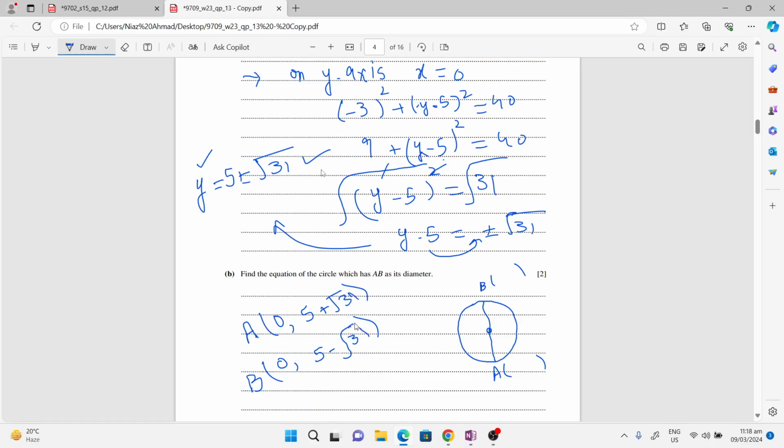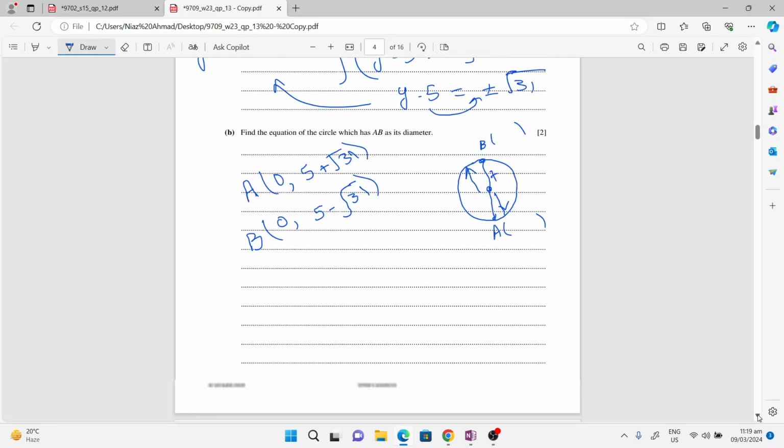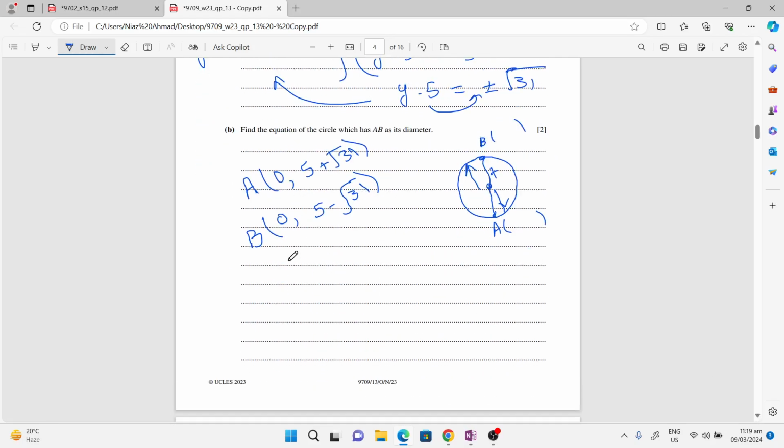I'm taking the positive value of y for A, when x is 0, and for B my x remains the same 0, but now I'm taking the negative value of y. If y is positive it is above the middle position, and if y is negative it is downward, but I am on the same value of x. So now I got my 2 coordinates of A and B.